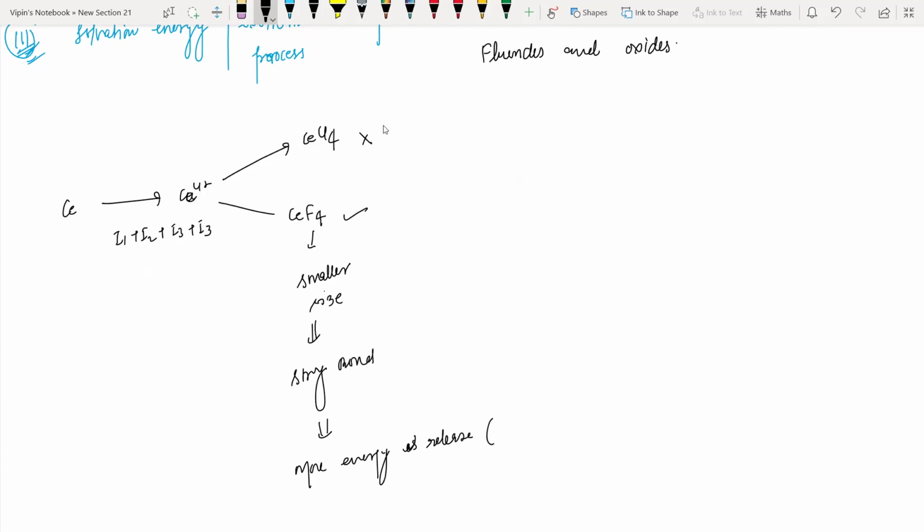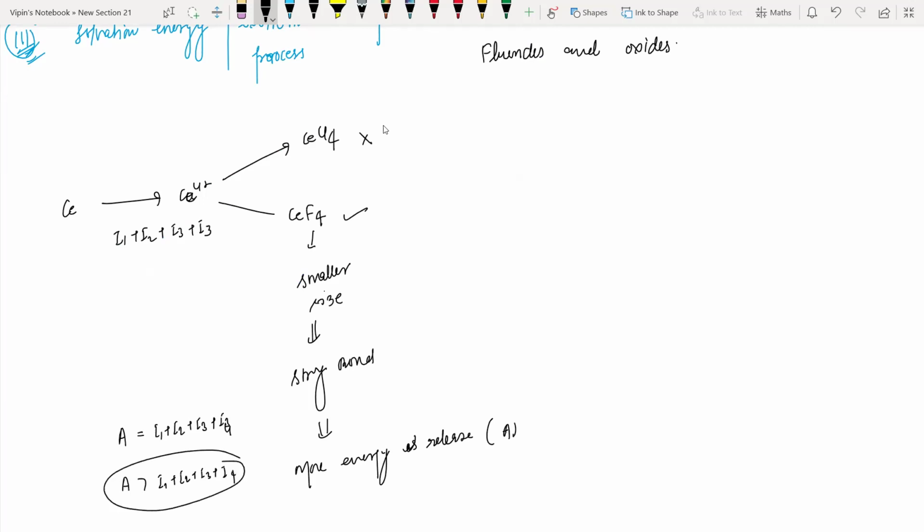For example, we can say A, right? So here this A energy should be equal to I1 plus I2 plus I3, or A should be greater than I1 plus I2 plus I3 plus I4.